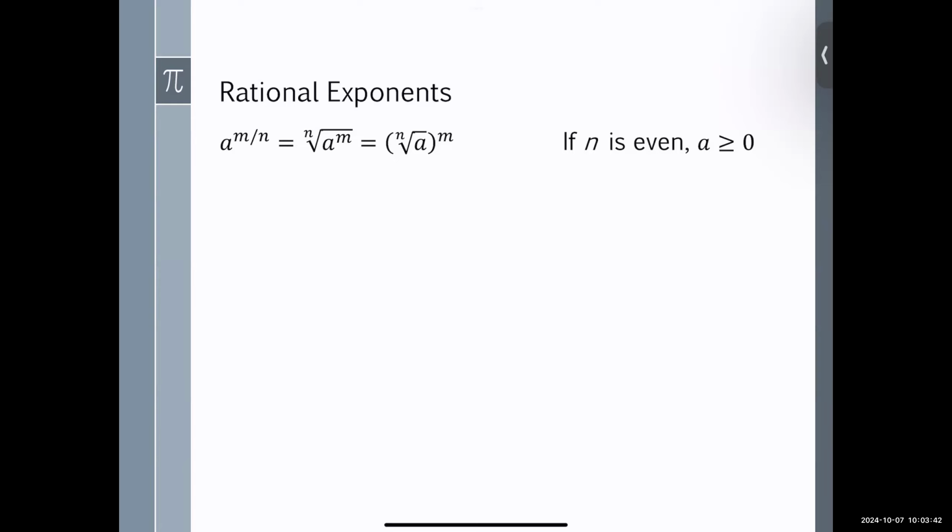So a has to be greater than or equal to 0 if this needs to be real. Now, if a is less than 0, that means you're going to get an imaginary number.